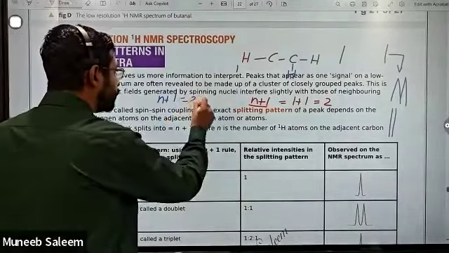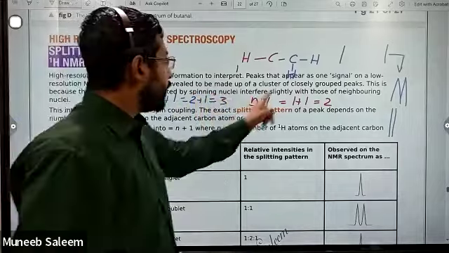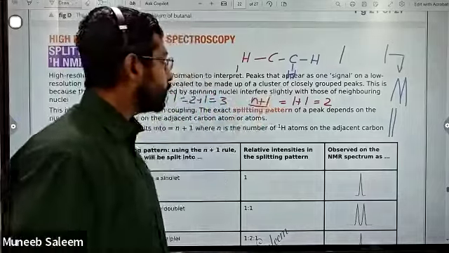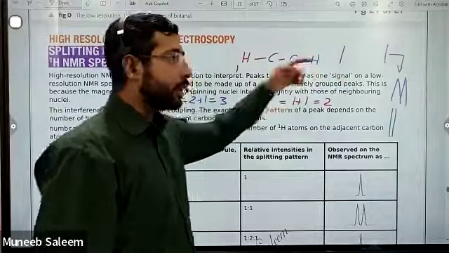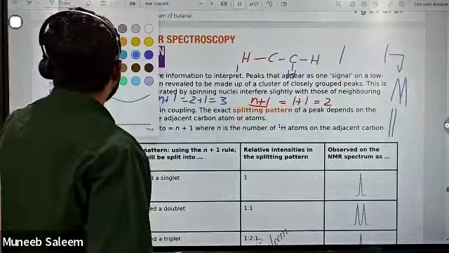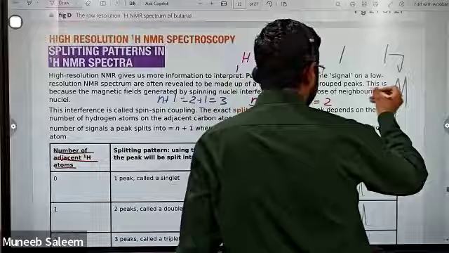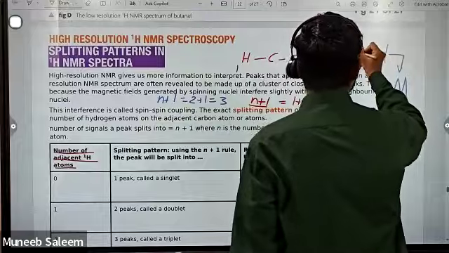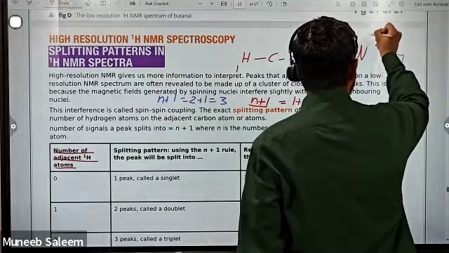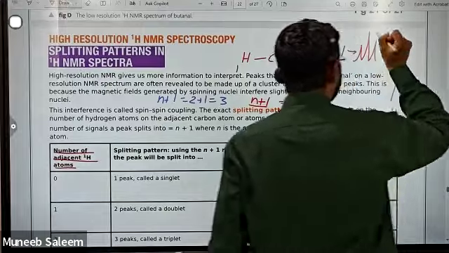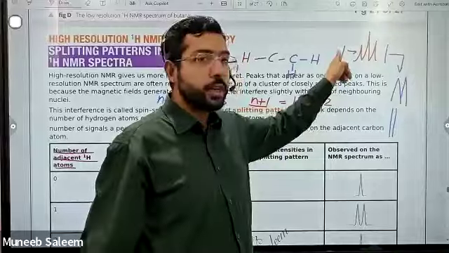So I will have 2 plus 1 equal to 3. So the red peak will now split into 3 lines. The 3 lines must be in a symmetrical way. So it will be like this. I now have 3 peaks from this one straight line.